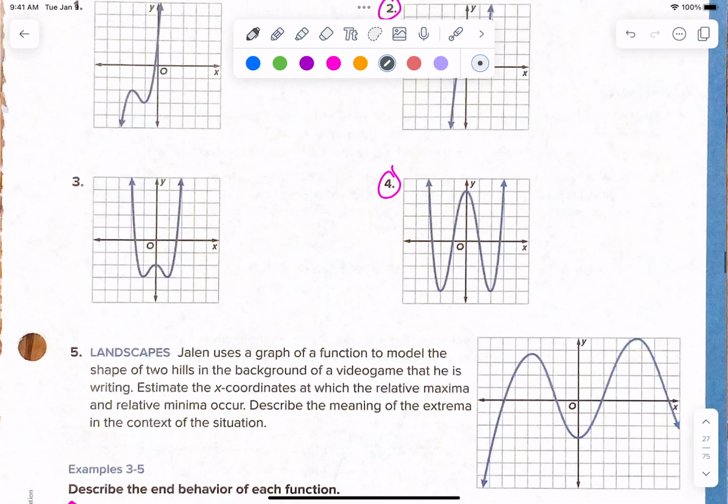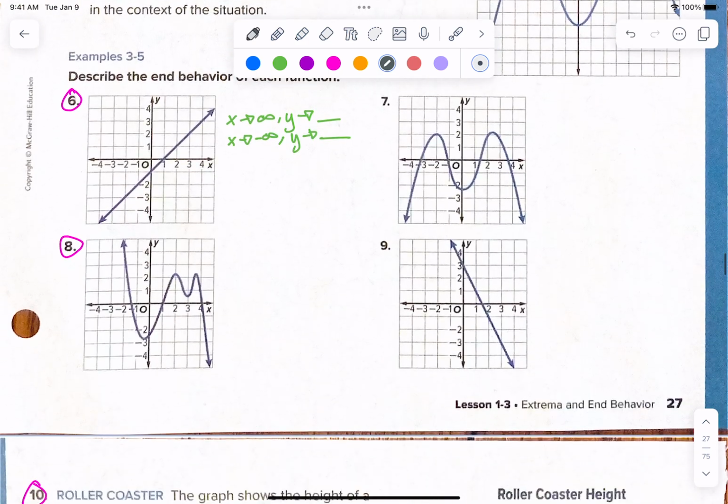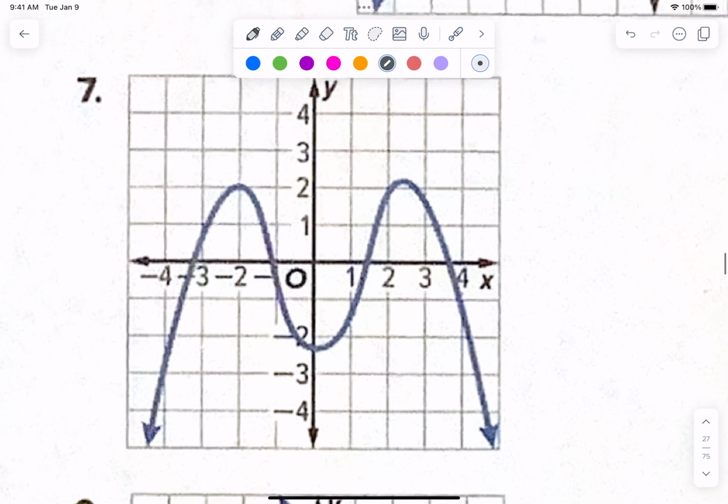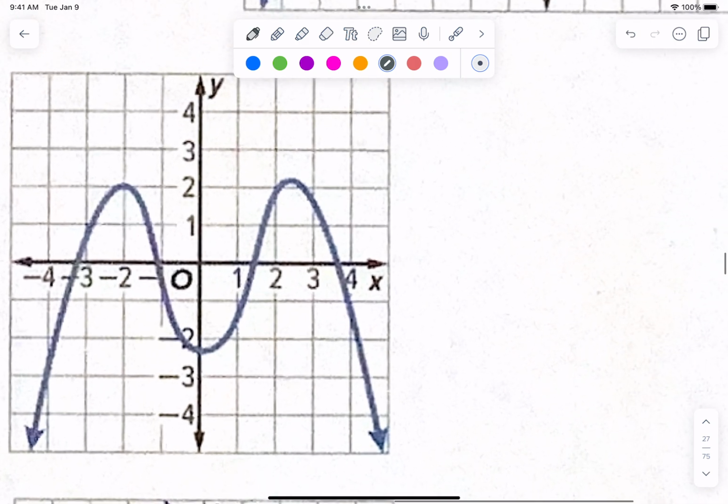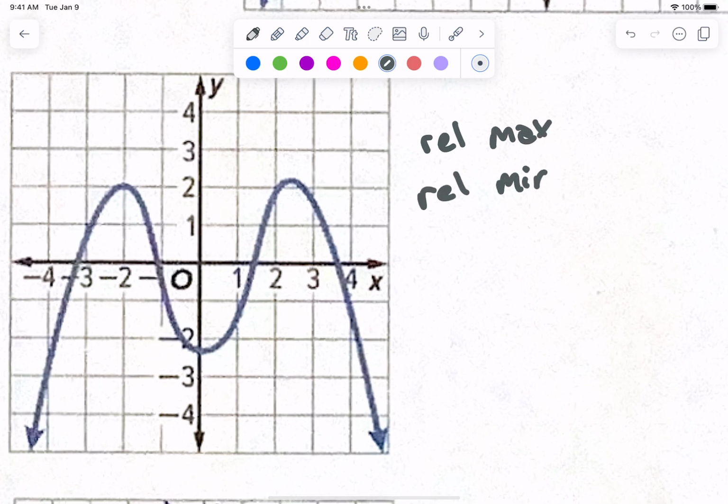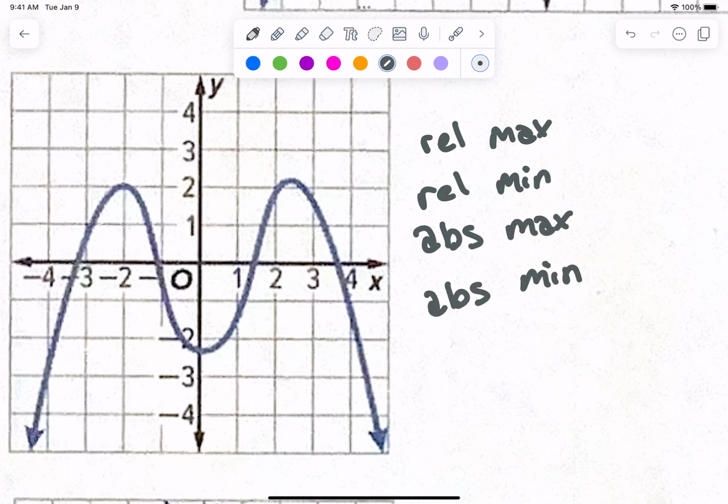All right, let's do this. Number 7, this guy right here, I want you to tell me relative max, relative min, absolute max, absolute min, okay? I bet you'll get the hang of this. And then end behavior. Do you remember how to write end behavior?